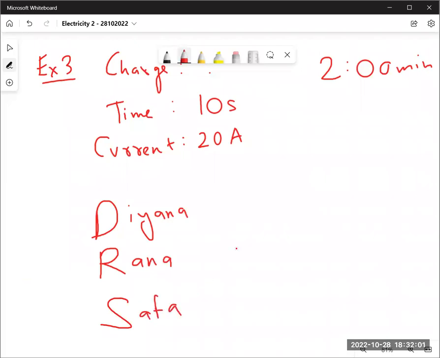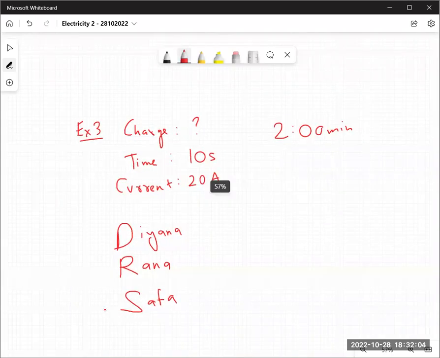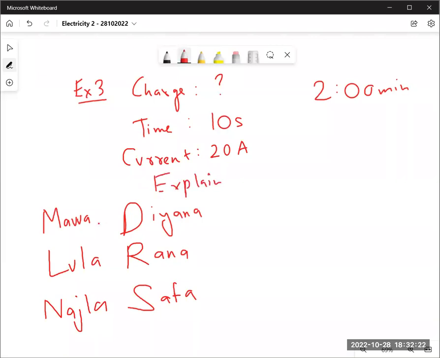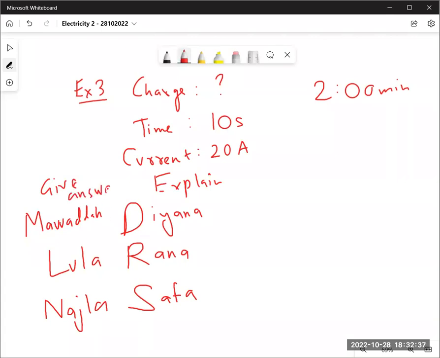Now, who have to give the answer and who have to explain? Okay, so the one who gives the answer has to explain. Najla and Safa are a team. Lula and Rana are a team. And Diana and Mawadda are a team. So Diana, these guys have to give answer and explain. Okay. But actually, these guys have to give answer. Let's say Lula, Najla, Mawadda give answer, and Diana, Rana, Safa have to explain.